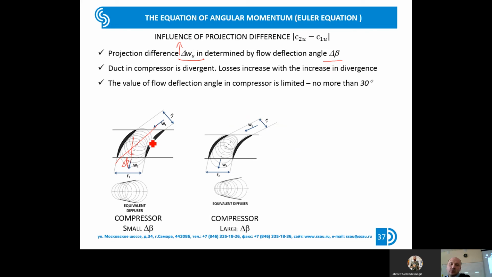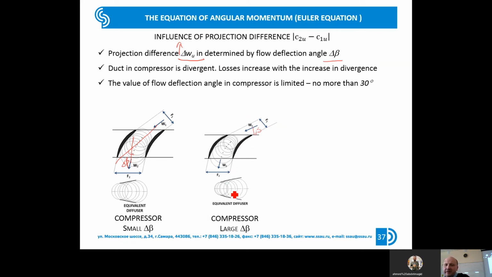Let's look at how increasing delta beta influences the shape of the channel in the compressor. We fix the outlet angle and reduce angle beta 1. This is the initial shape of the compressor channel, and this is the shape of the channel with increased delta beta.